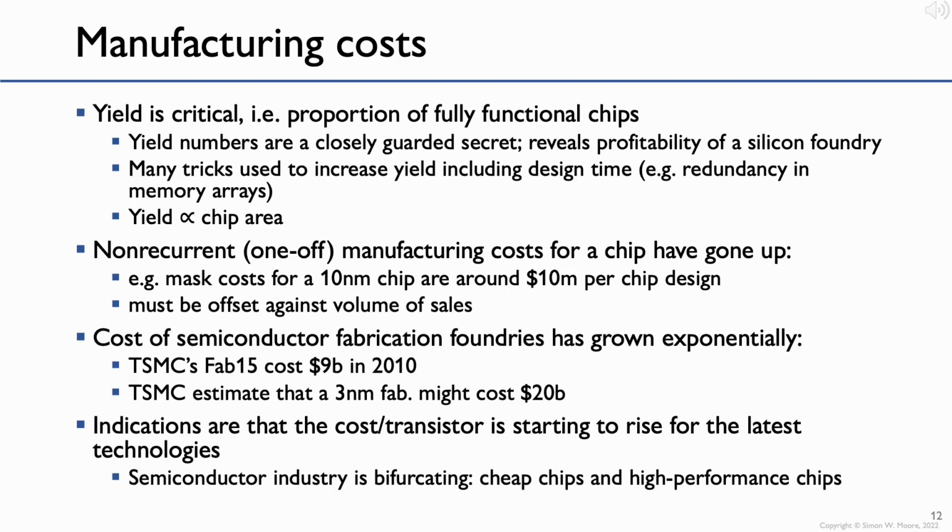The current indications are that the cost per transistor is starting to rise, as I mentioned in the previous slide, and so the semiconductor industry is bifurcating. We're seeing cheap chips and high performance chips. We're also seeing refinements to slightly older generations of silicon.